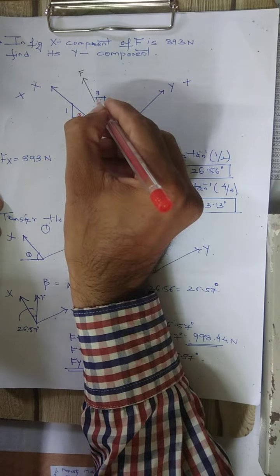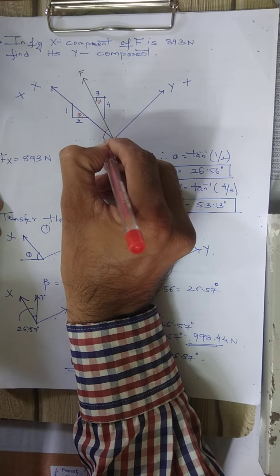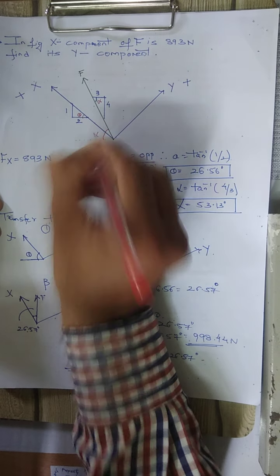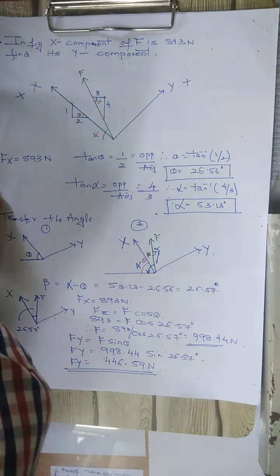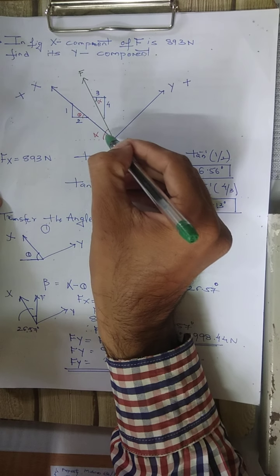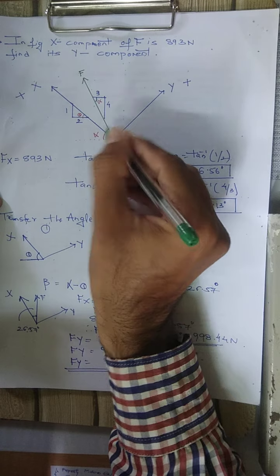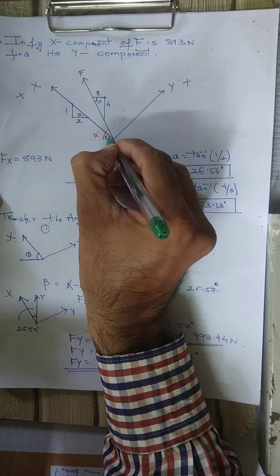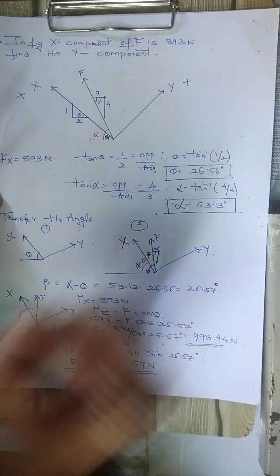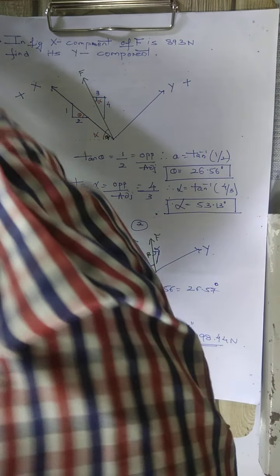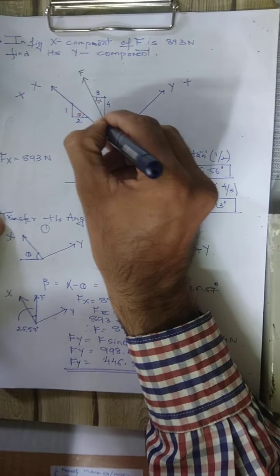This alpha will be transferred. This total is alpha, whereas this theta has been transferred here. So we have calculated the angle beta, this angle as beta.